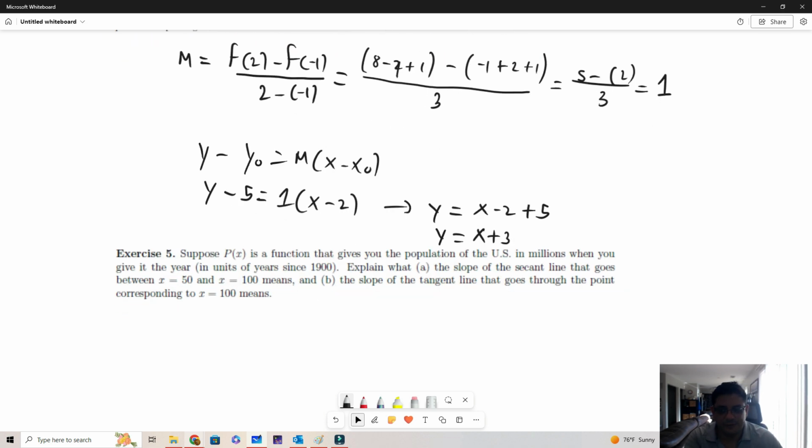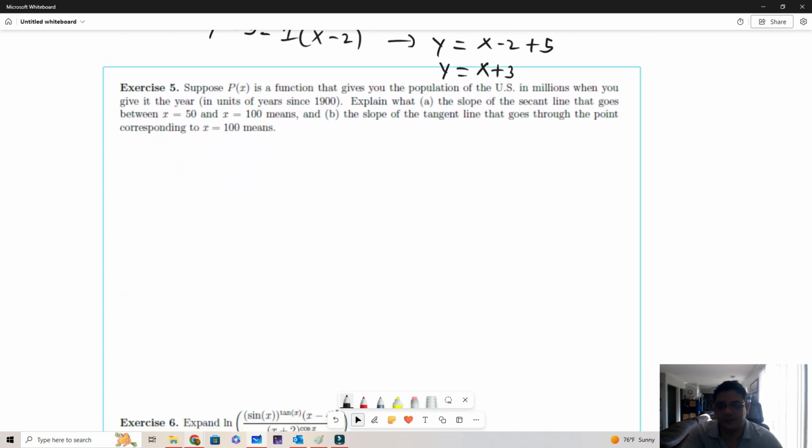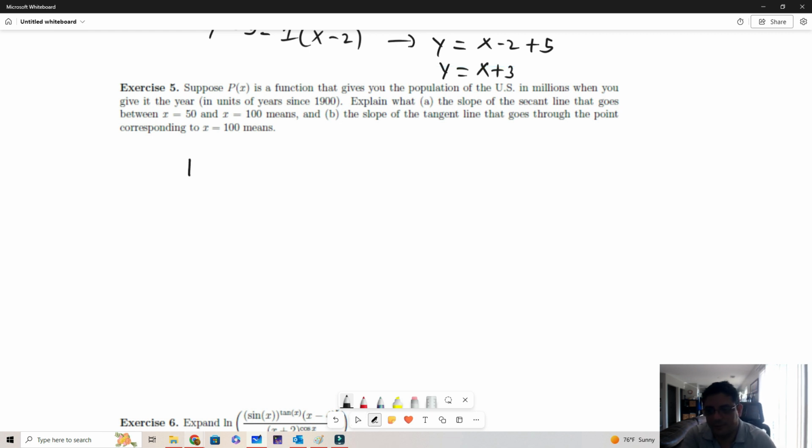Now, exercise 5 is about understanding the meaning of the slope of the secant line and the slope of the tangent line. The slope of the secant line is pretty much P of 100 minus P of 50 over 100 minus 50.